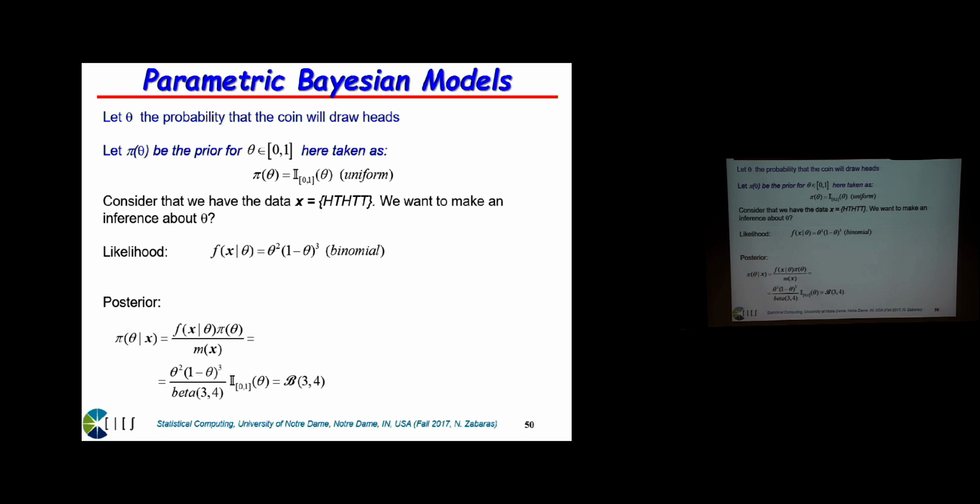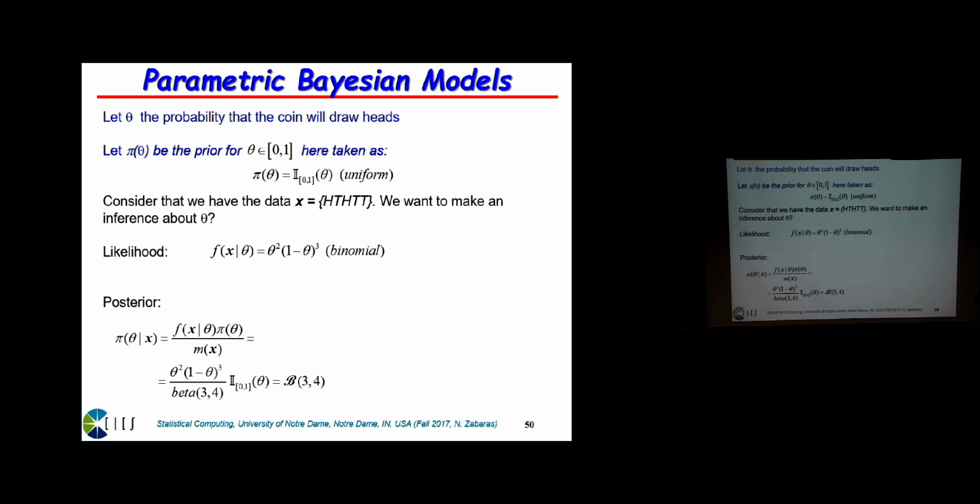This is the data we collect, and then I claim that the likelihood looks like that. You agree? 2 heads, theta squared, 1 minus theta cubed. It's a binomial distribution. And the posterior basically looks like the likelihood times the prior divided by the normalizing factor. And the prior is a uniform distribution.